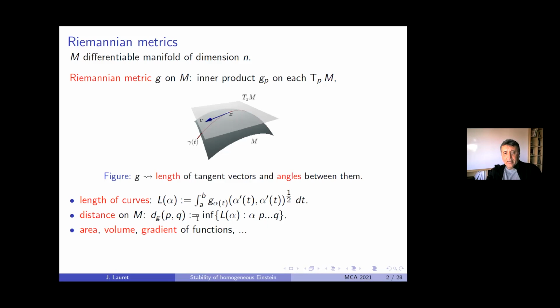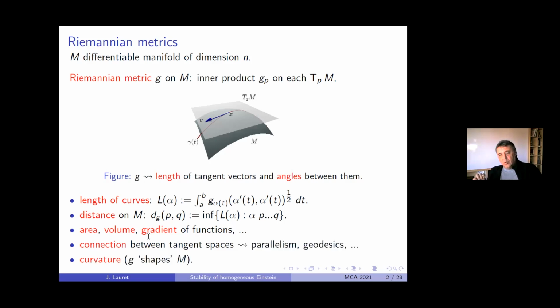And more importantly, you have a canonical connection. It's a canonical way to connect two different tangent spaces, which gives you the notion of parallelism, of geodesics, and holonomy, etc. And maybe the most important concept is curvature.